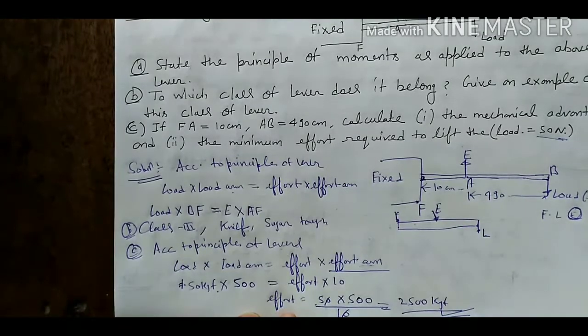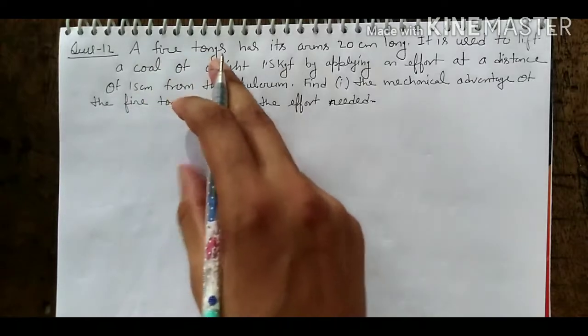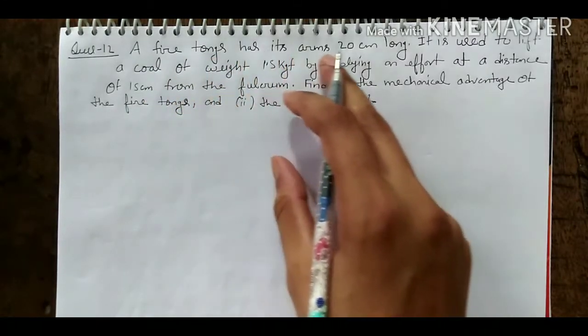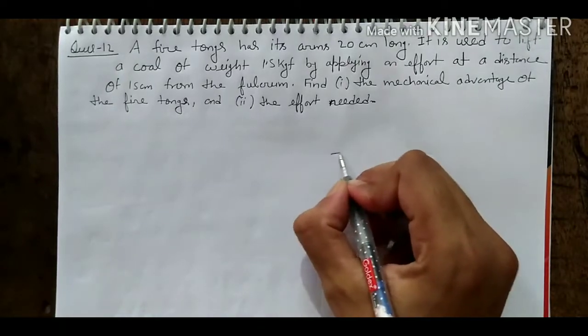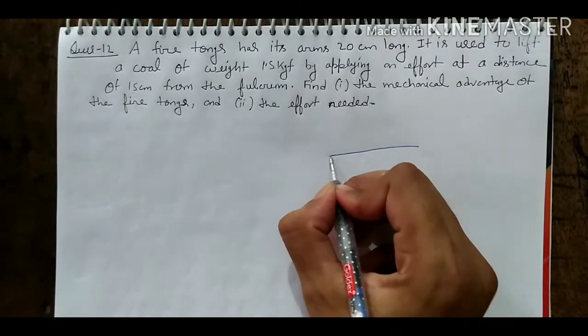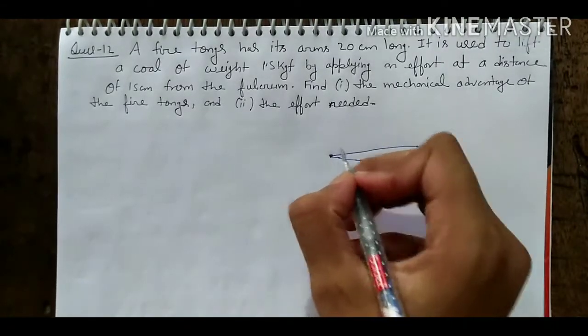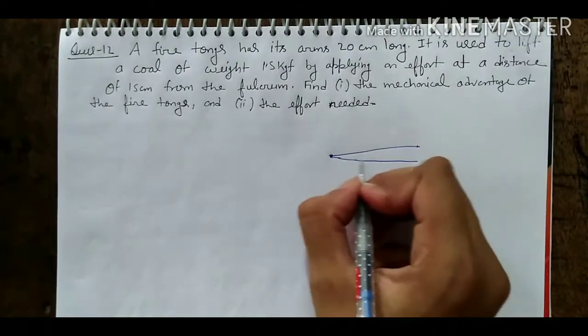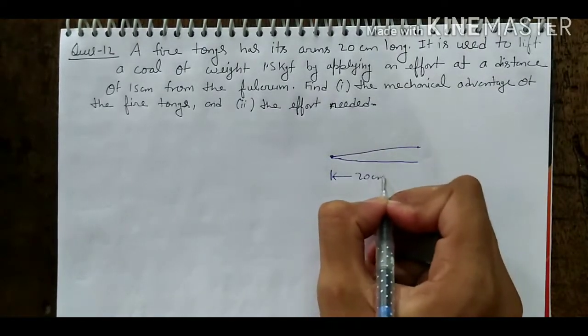Now we will solve the last question, number 12. A fire tongs has its arm 20 centimeter long. Fire tongs means, students, suppose this is the fire tongs, and the length of the arm of the fire tongs is 20 centimeter.